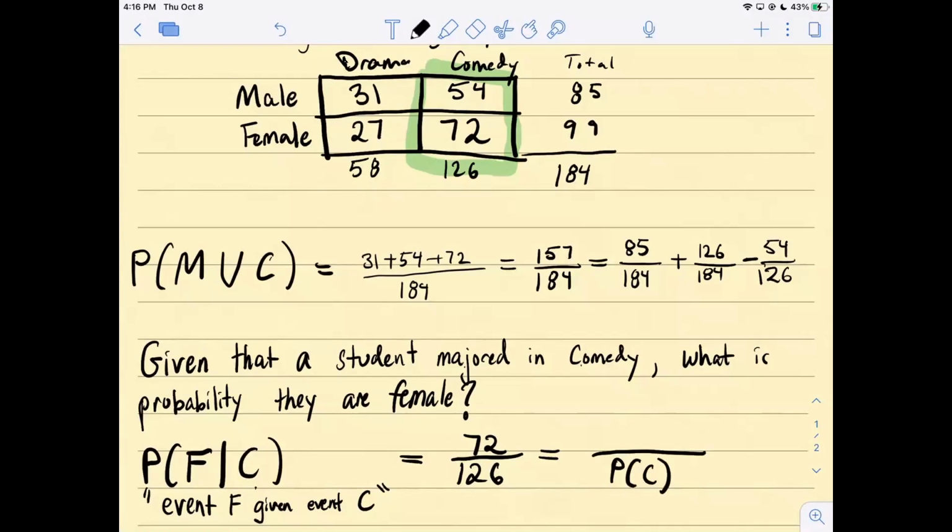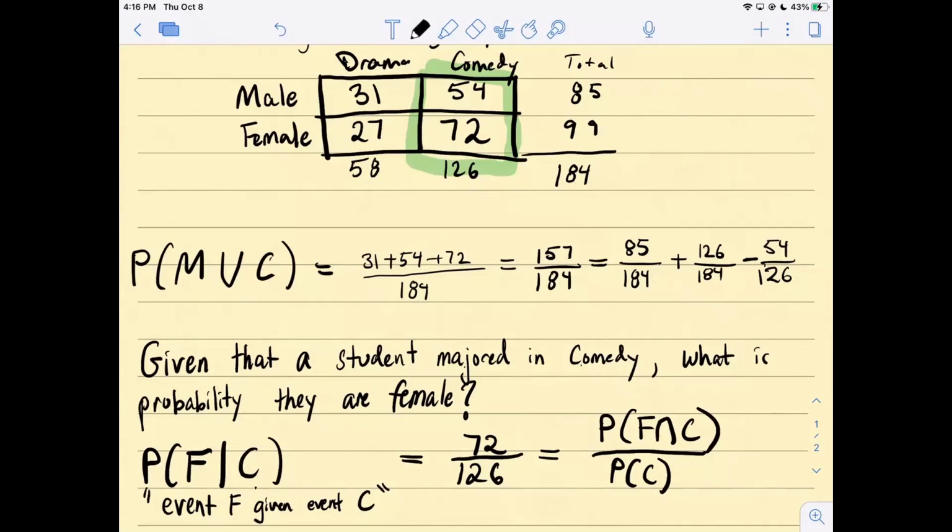And the numerator, instead of putting in 72, would be the percentage of people out of all 184 that are both female and in the comedy universe, or having a comedy major.